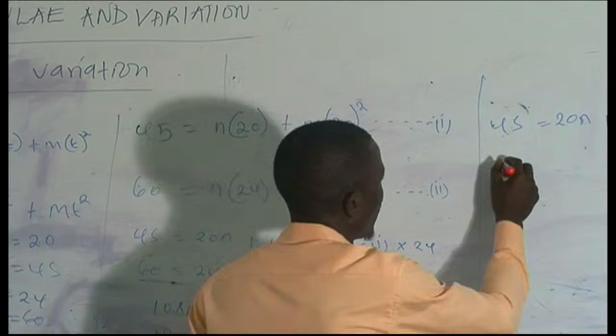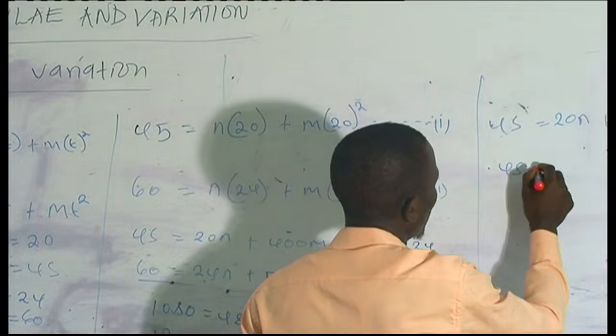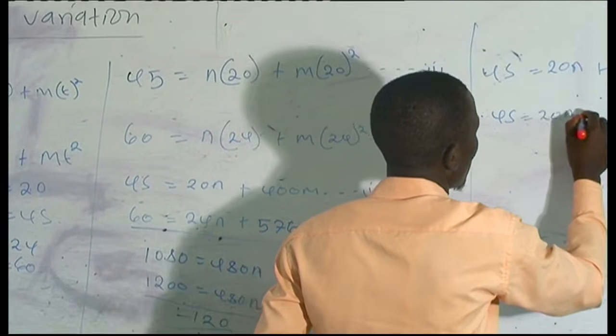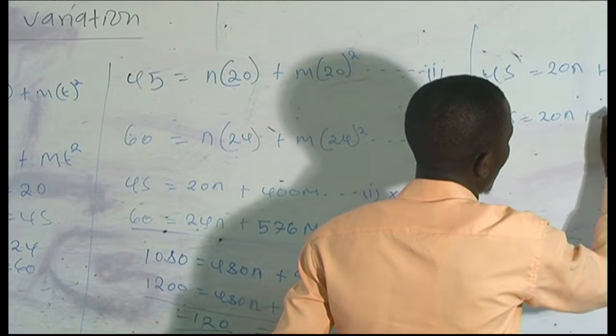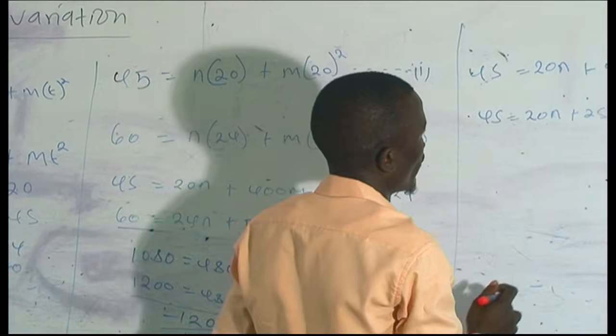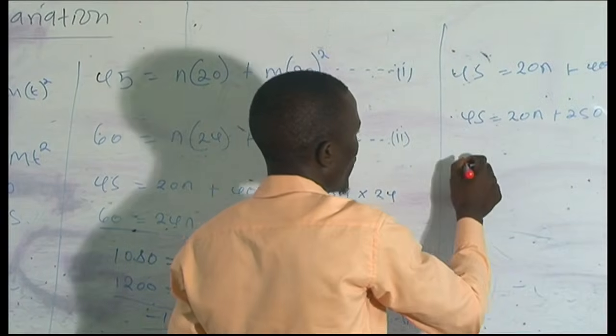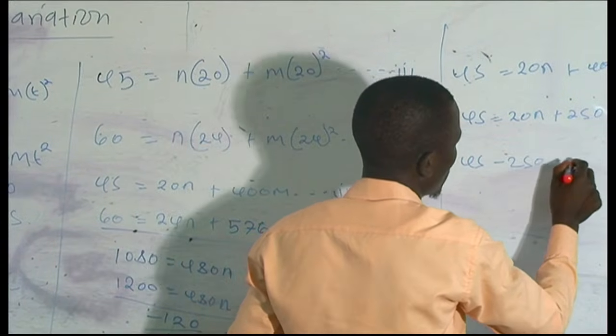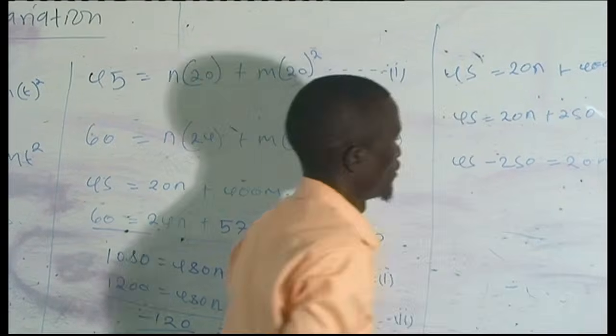So we have 45 is equal to 20n plus 250. So take this to the other side so that you have 45 minus 250 is equal to 20n.